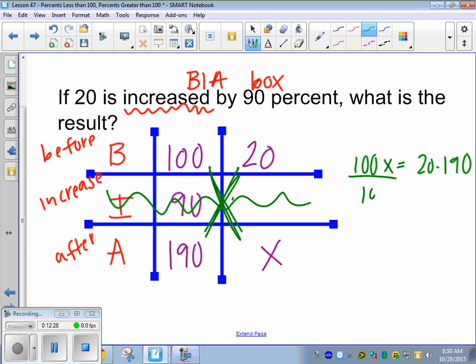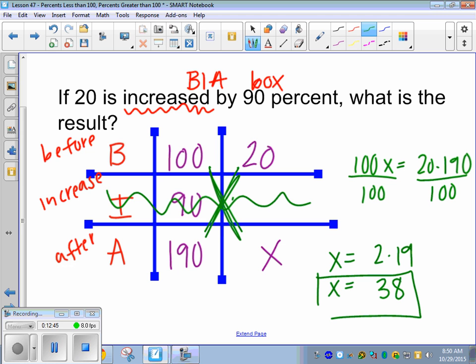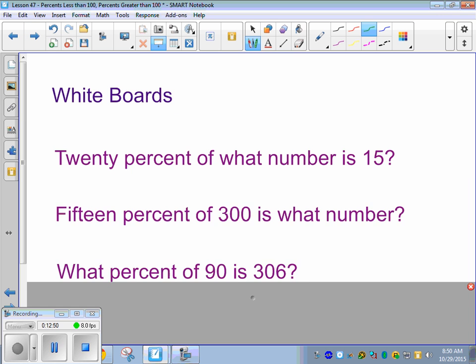We divide both sides by 100. And I get that x equals 2 times 19 is what that would be, which is going to be 38. All right, that's the BIA box. Super awesome and helpful. Grab a whiteboard.